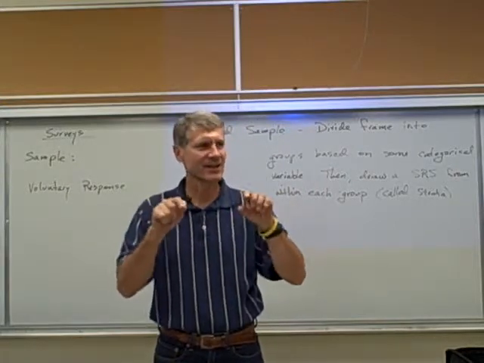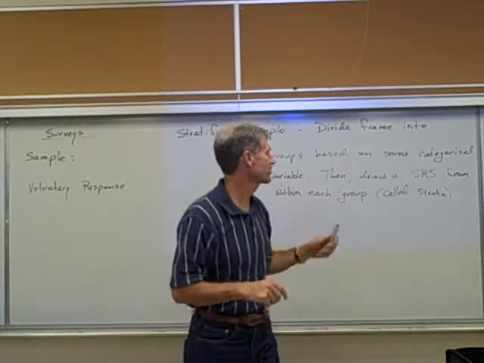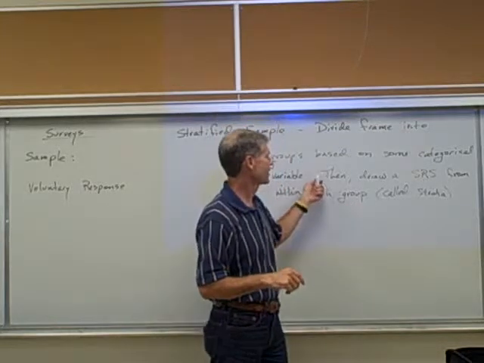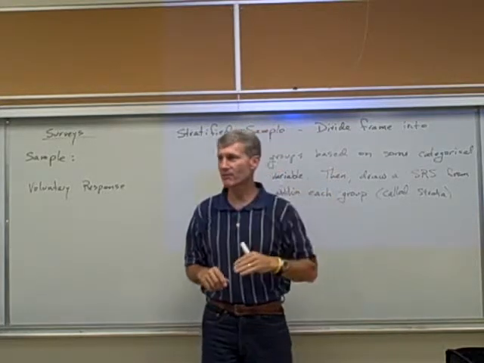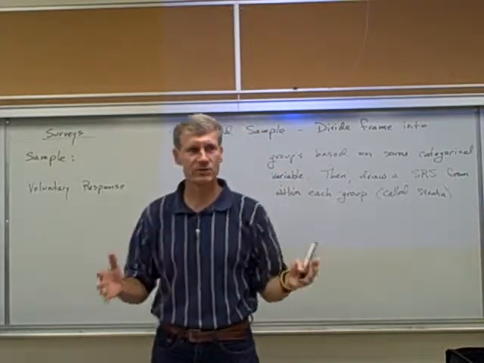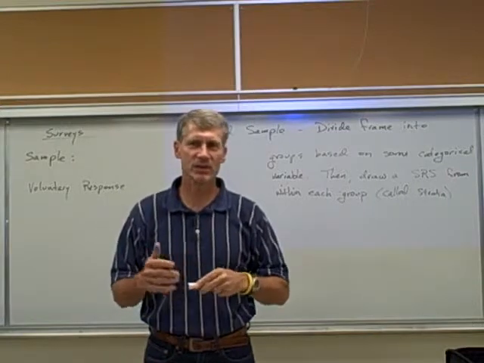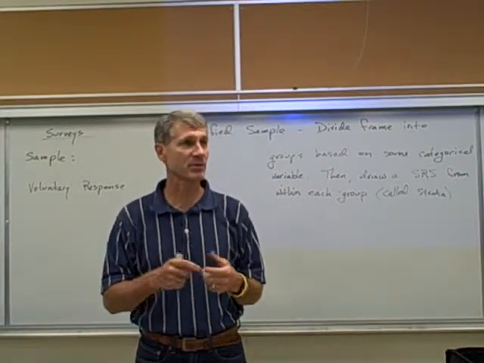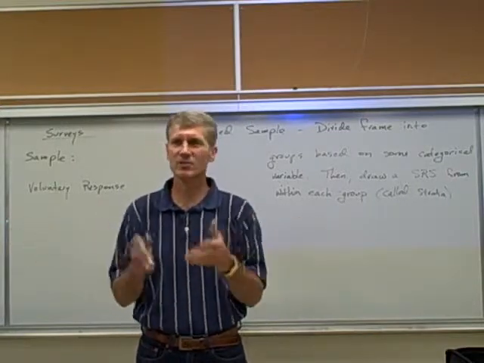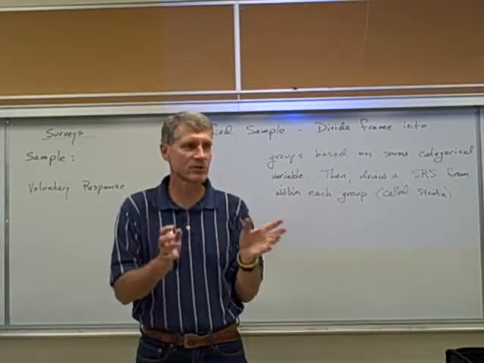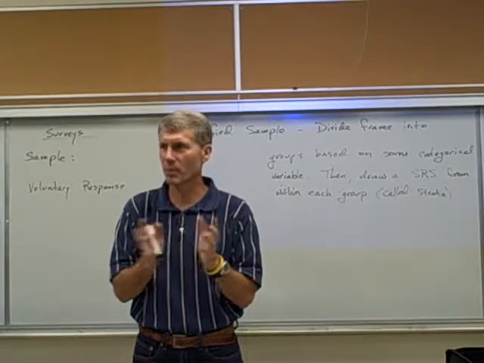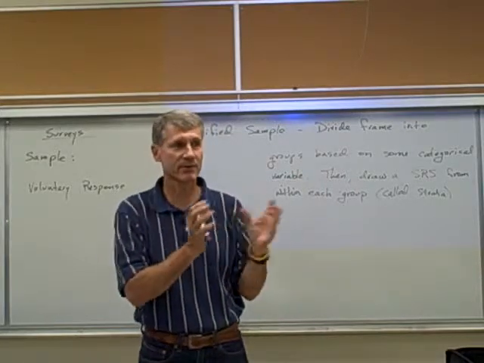But you're saying, okay, here's a variable, maybe that variable is health rating, right? So I use as my stratification variable health rating. And I say, well, I want to do a survey, but I want to make sure that I have people who are in poor health and people who are in excellent health and an even distribution. So I randomly sample, I take everybody who's rating themselves a 1, poor health, and I take a random sample of those people.